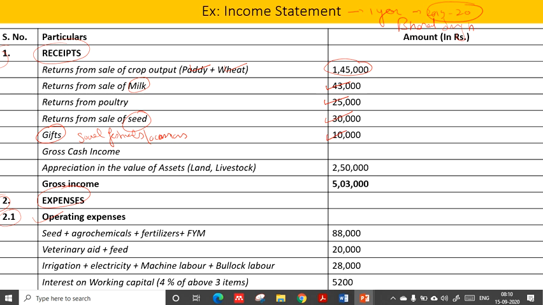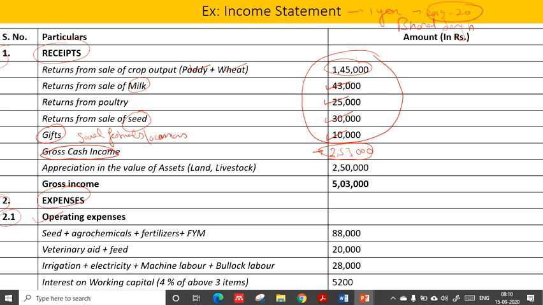So his gross cash income, how much is it? I think it's 2,53,000 rupees here. Let's consider it 2,53,000. Even if the sum does not match, don't worry about it.